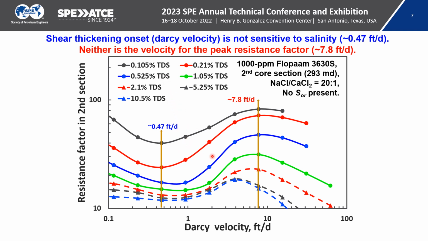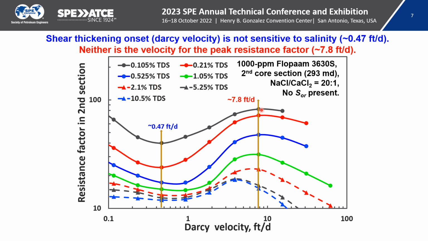Now, in making these rheological plots, the first thing you're going to notice is that the lower the salinity, the overall level of resistance factor or viscosity provided by this 1,000 parts per million polymer increases fairly significantly. Well, that's not a surprise. We've really known that forever. But what is a bit of a surprise is that the minimum in these rheological curves occurred at about 0.47 feet per day over a very broad range of salinity.